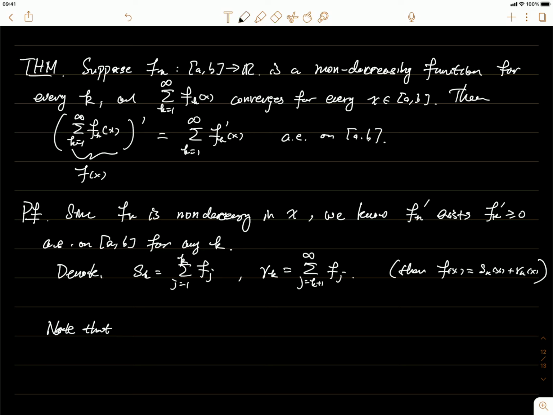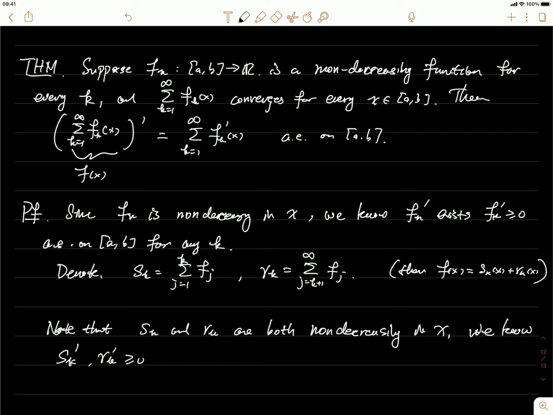So now, s_k and r_k are both non-decreasing in x. We know s_k prime and r_k prime are both greater than or equal to 0 almost everywhere, and they exist.